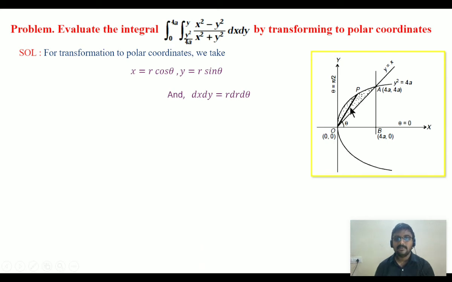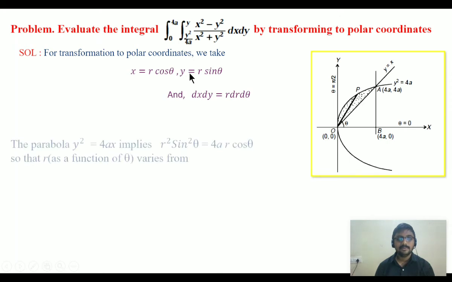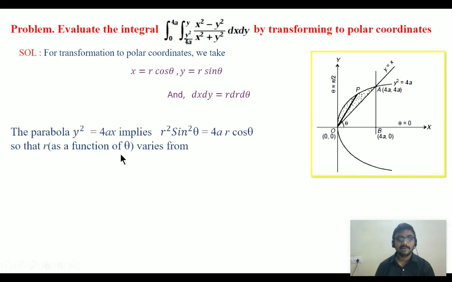In this region we have to take r, theta limits. For this we have to replace these equations in the given curve. The given curve is y square equal to 4ax; replacing x as r cos theta and y as r sin theta and simplifying, r gets cancelled, which implies r is 4a cos theta by sin square theta. It is the highest value of r.